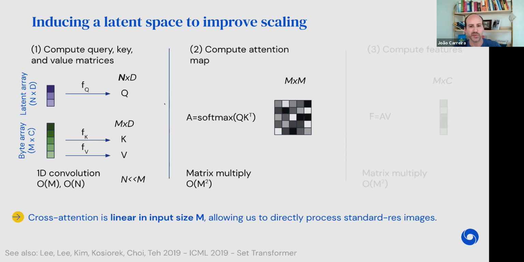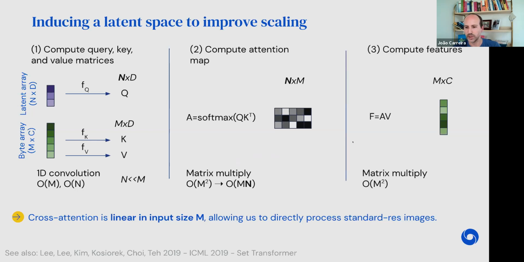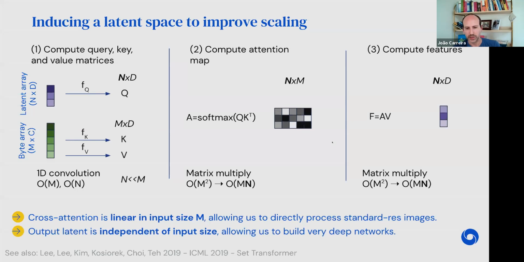So 2 orders of magnitude smaller or more. If you do this, then your attention map is going to be much tinier, n by m, so no longer quadratic in m. And the same happens for your last step of self-attention as well. Now this latent array is independent of the input size, so you can build very deep networks on top of this as well.